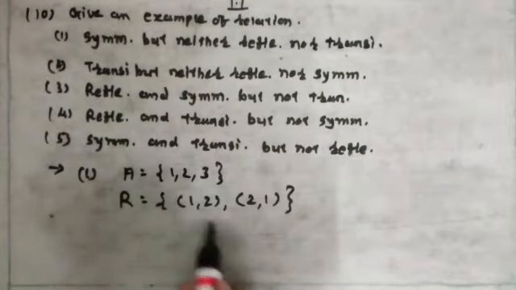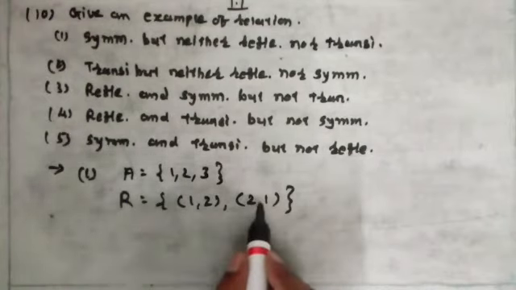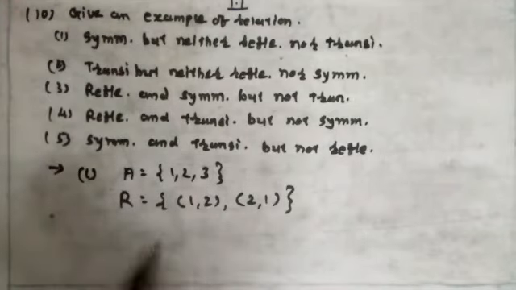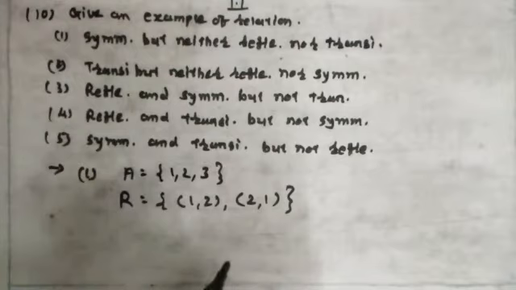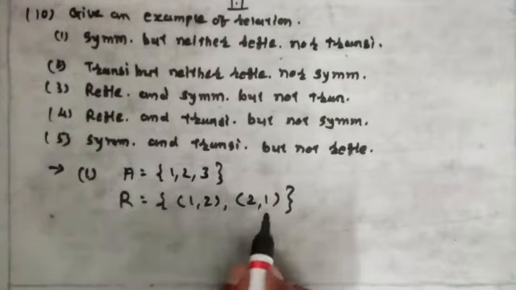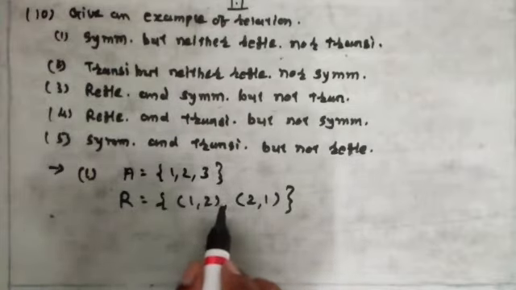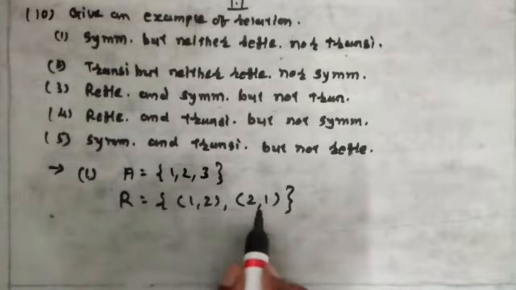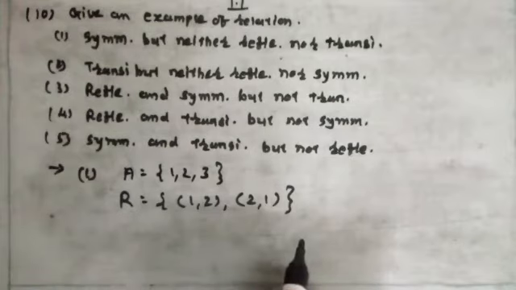Same, not transitive. Here (1, 2), (2, 1) belongs to R but (1, 1) does not belong to R. So this relation is not transitive. Clear? So it is only symmetric, not reflexive, not transitive.